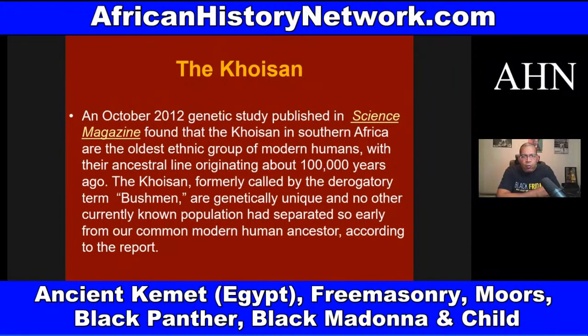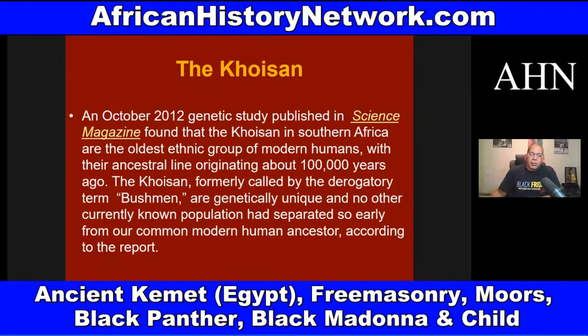The Khoisan, formerly called by the derogatory term Bushmen, are genetically unique, and no other currently known population had separated so early from our common modern human ancestor, according to the report.